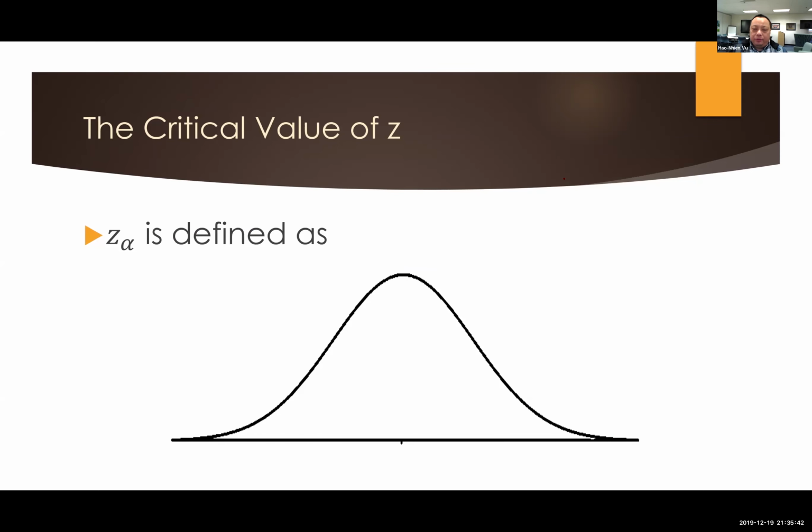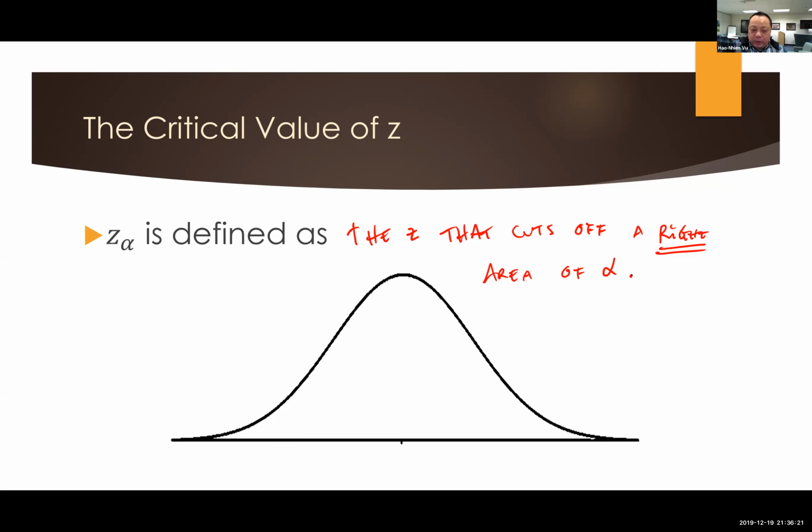Okay, now we come to a very common application of doing this kind of inverse problem of looking for z, and that is to find or to compute the critical value of z. Okay? The critical value z with subscript alpha is defined as the z that cuts off a right area of alpha.